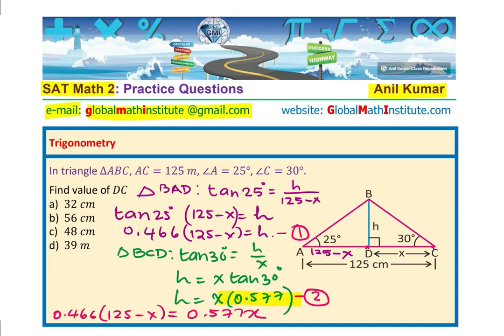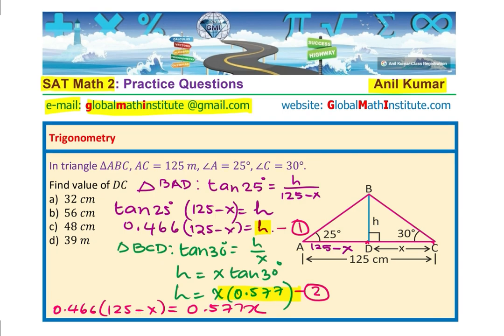Now in this equation we have only one unknown, which is X, and we can find its value. Once you get X, you can get the height also from this particular equation. So let's move on to the next page and continue with the solution.